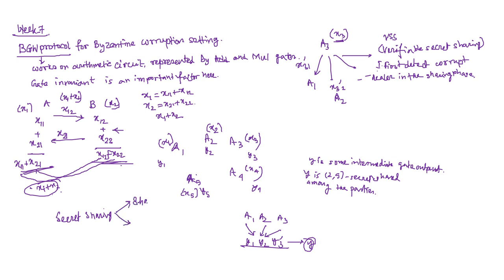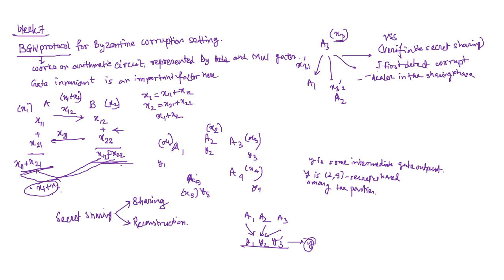One is the sharing phase, where the dealer shares the secret among multiple parties, and then another is the reconstruction phase, where some t plus 1 number of parties come together to reconstruct the value of the secret.